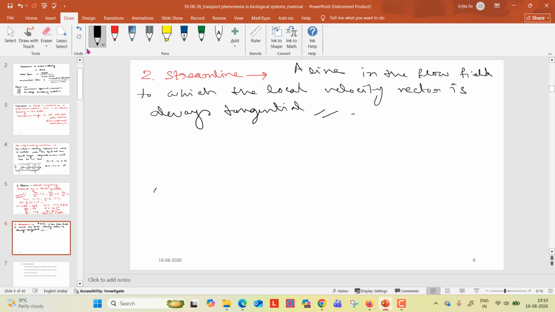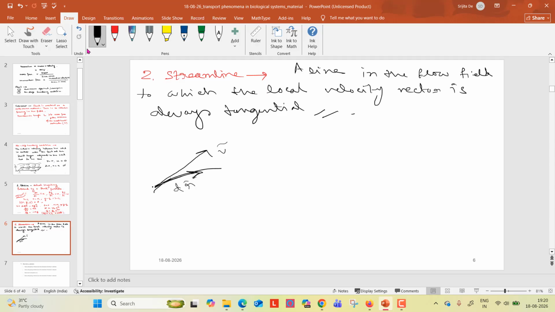Suppose there is a fluid, and we are taking a line like this. The fluid path element is dr. If you take a tangent here, it is the velocity vector. So a line in the flow field to which the velocity vector is always tangential.